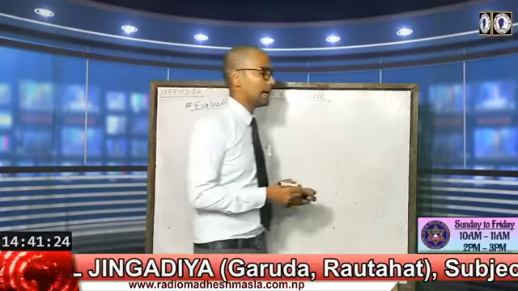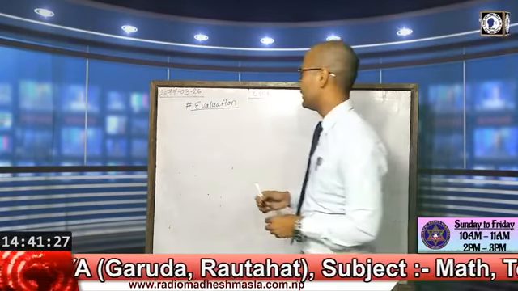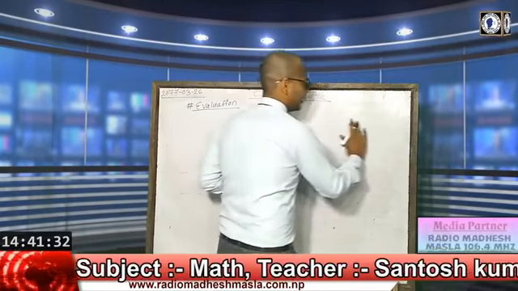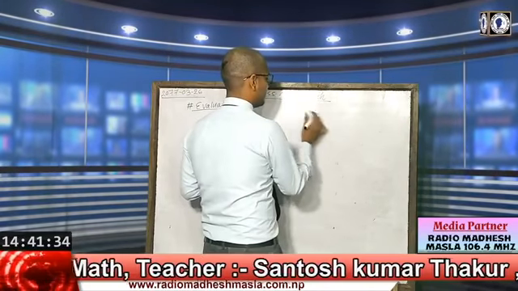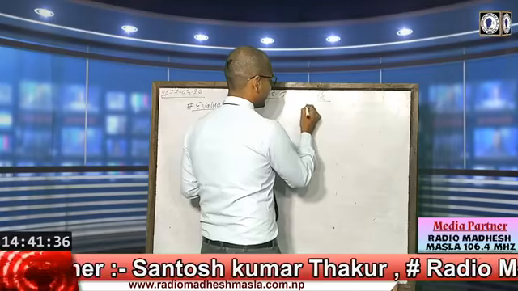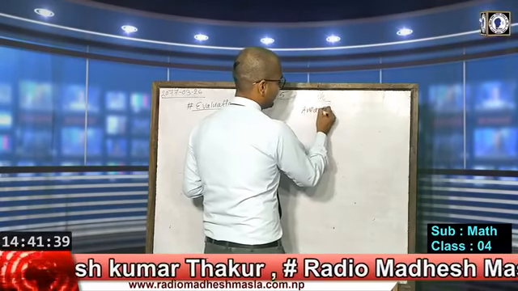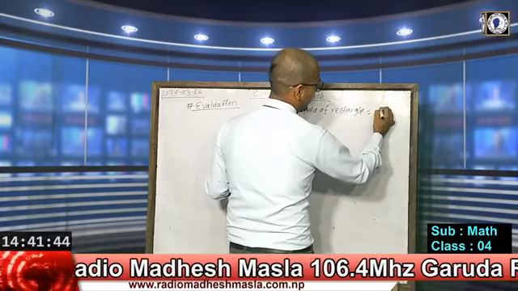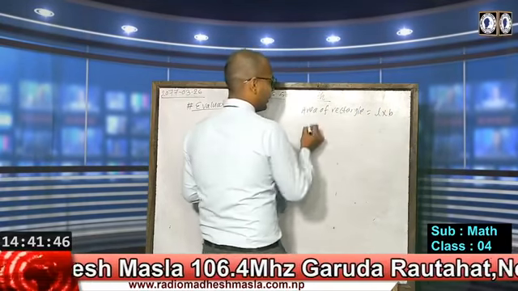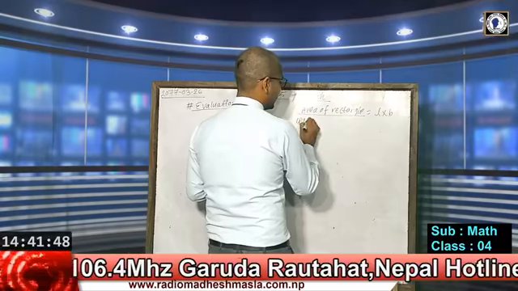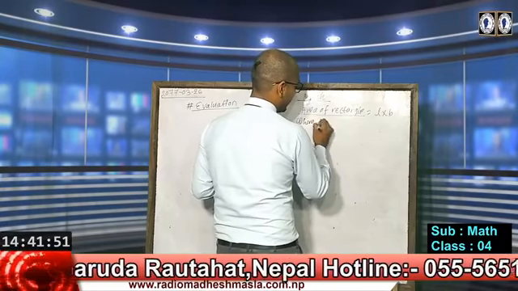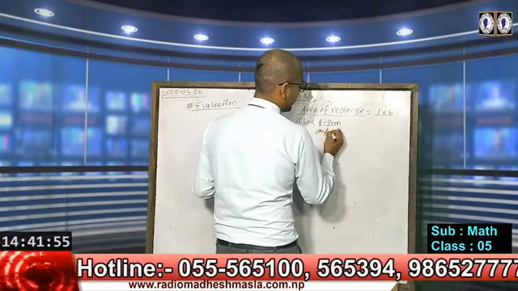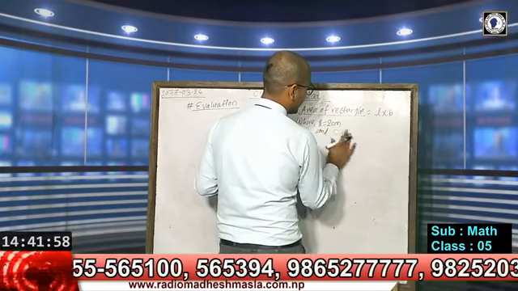So students, as you know, sometimes we are given some values like this. Suppose the area of a rectangle is asked. To find the area of a rectangle we use the formula L into B. Suppose L is equal to 2 cm and B is equal to 1 cm.